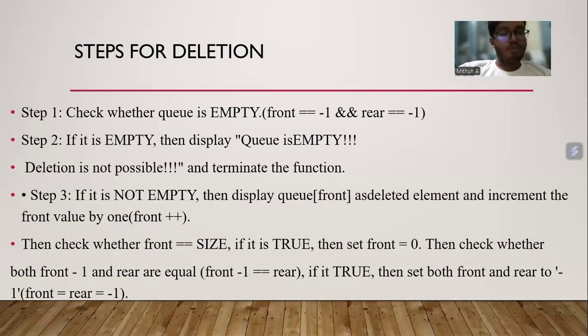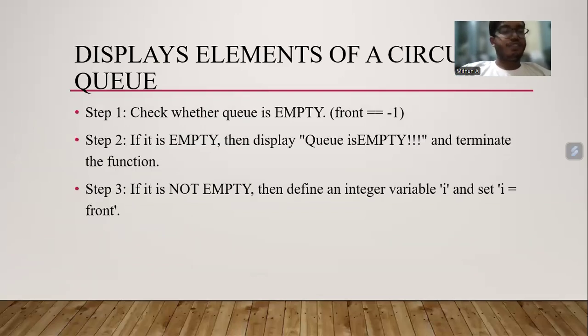If it is true, then we set front equal to 0. Then check whether front minus 1, that could be front of 0, is equal to rear. If it is true, then set both front and rear to minus 1. So the deletion can take place.